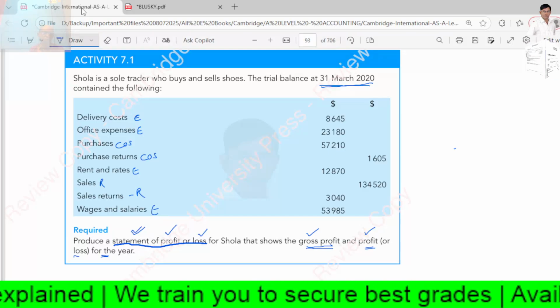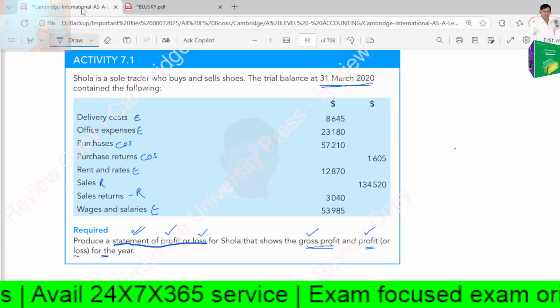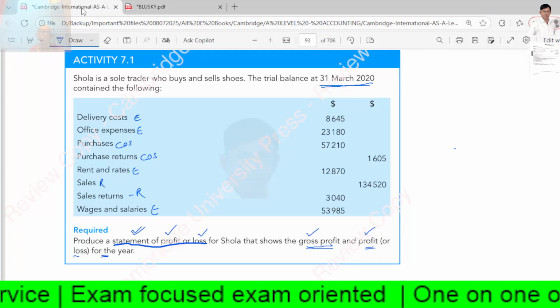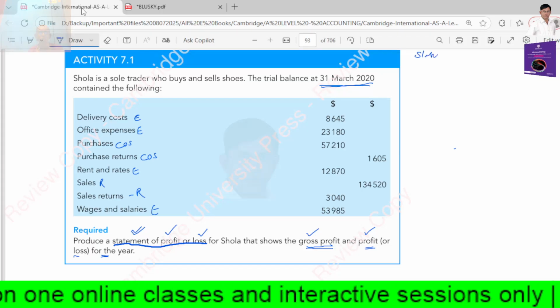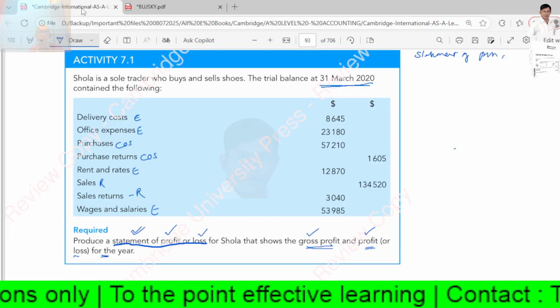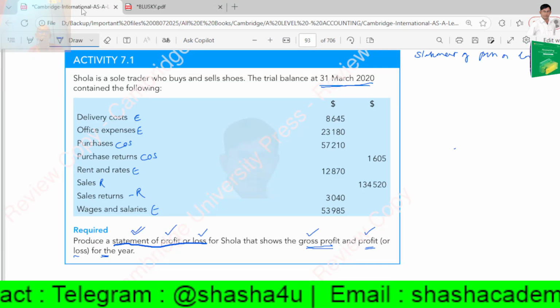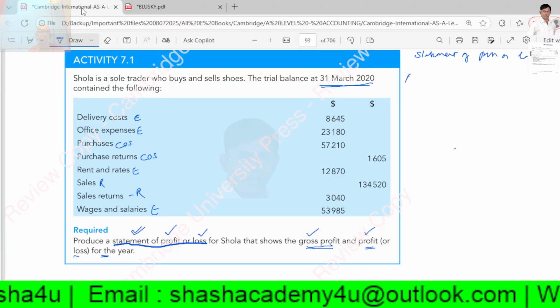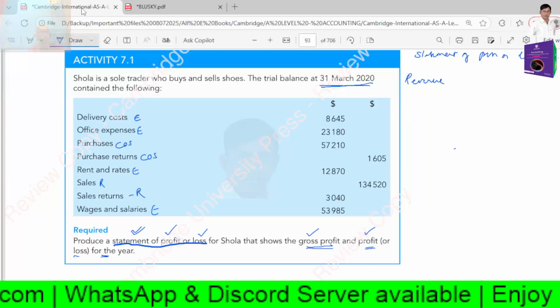If the steps are clear, if you know everything, the steps are clear. So first you have to write the heading, statement of profit or loss. Then first you have to write revenue. So what is revenue?